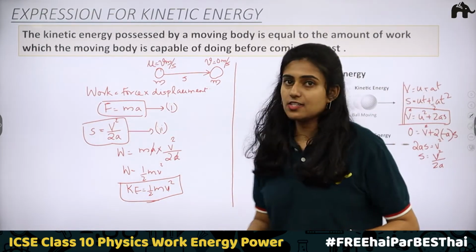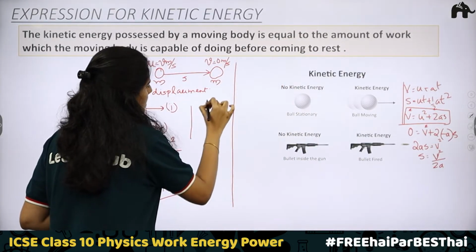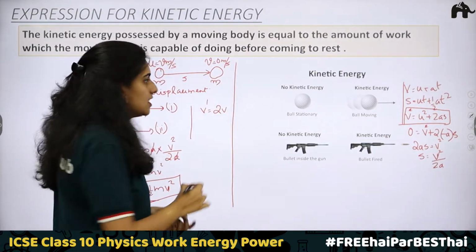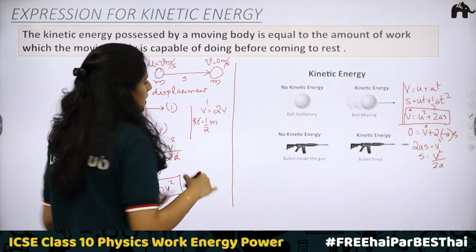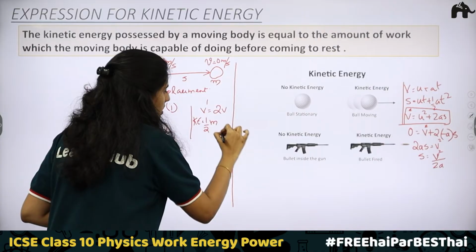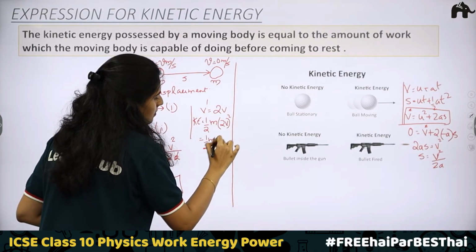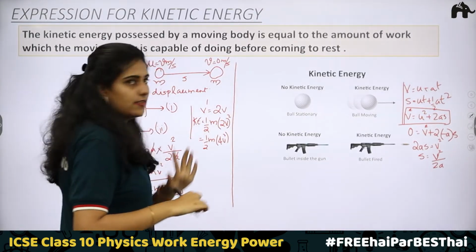If the velocity becomes 2 times, let's say the new velocity v dash is 2v, what happens to kinetic energy? We have kinetic energy is equal to half mv square. Now, new velocity is v dash. What is v dash square? It will be 2v whole square, which is half m into 4v square. 2v whole square is equal to 4v square.